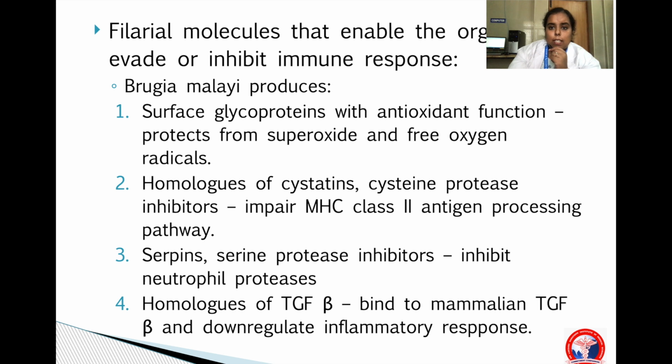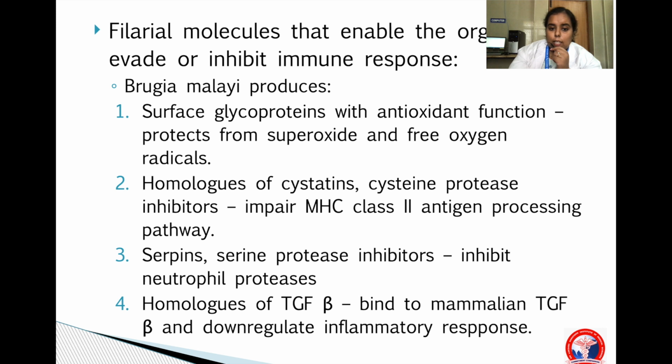Filarial molecules that enable the organism to evade or inhibit immune response include surface glycoproteins which have an antioxidant function, and homologs of cystatin cysteine protease. They inhibit the MHC class II antigen processing pathway, thereby it is not recognized.